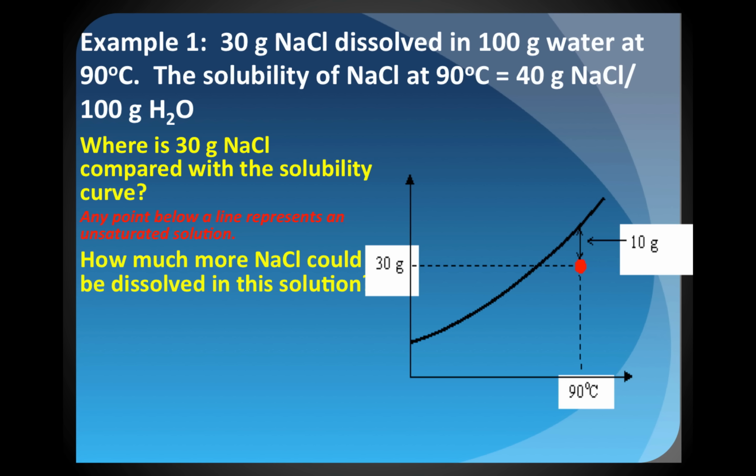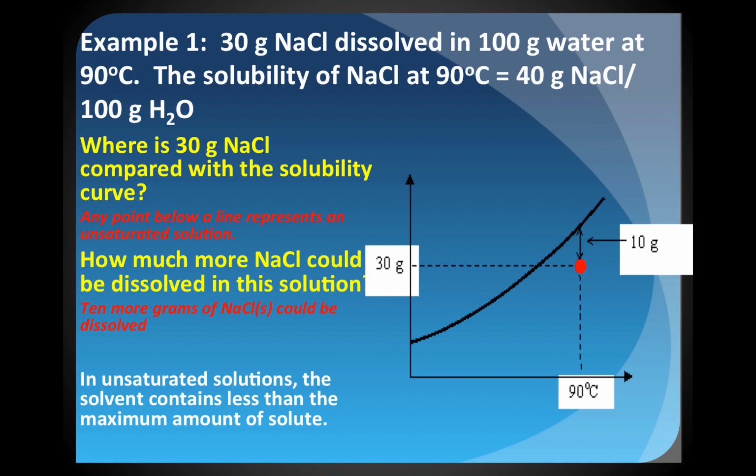Well, if the solubility is 40 grams and I've only dissolved 30 grams, it makes sense that I can dissolve 10 more grams of salt in this solution. In unsaturated solutions, the solvent contains less than the maximum amount of solute dissolved.